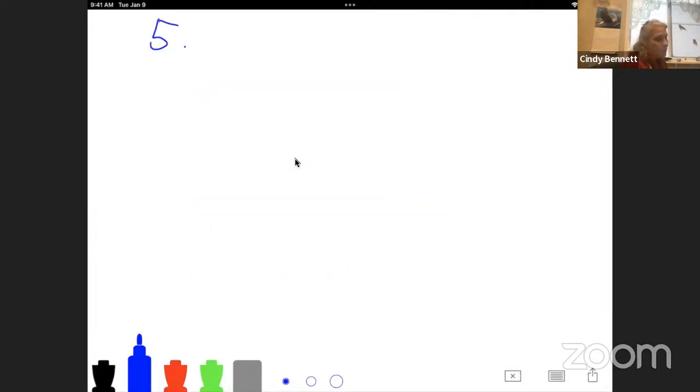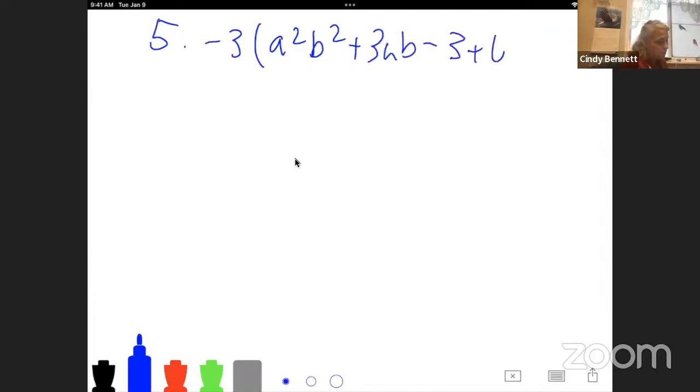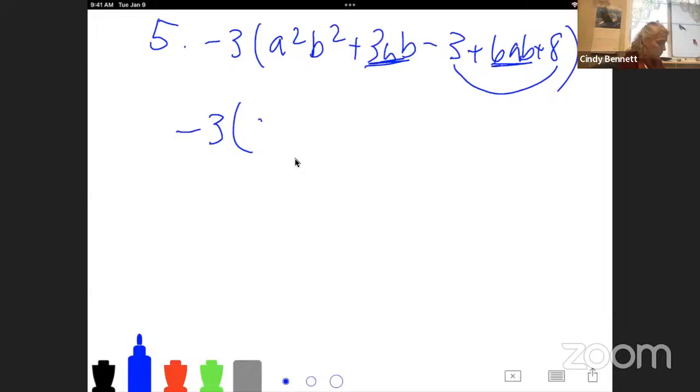Number 5, we have a negative 3 outside the parentheses, a squared b squared plus 3ab minus 3 plus 6ab plus 8. So what I could do is look inside the parentheses, see if I can combine anything. I see 3ab, 6ab, I see whole numbers. So I'm going to simplify that before I distribute that 3.